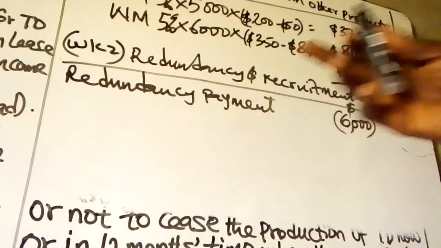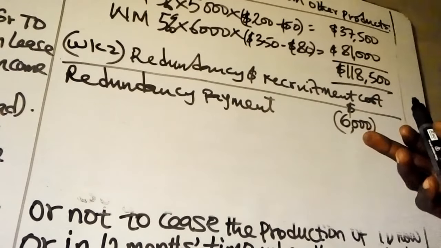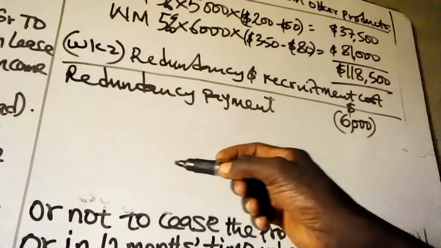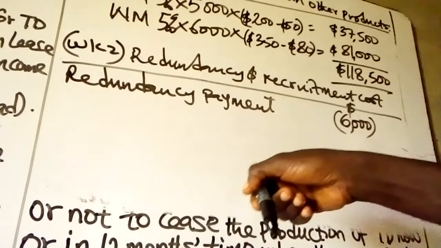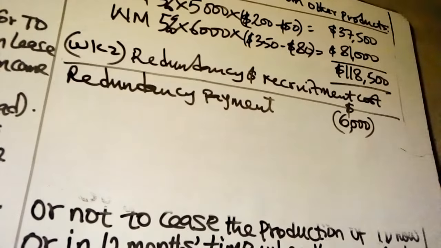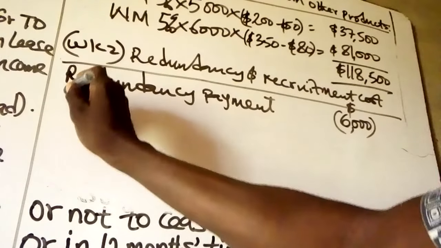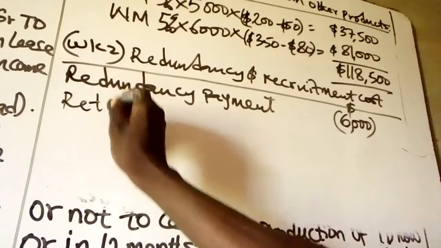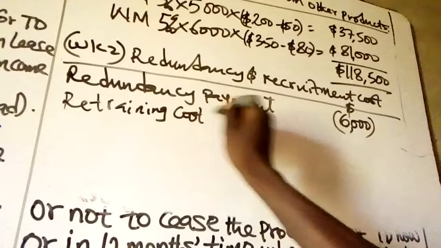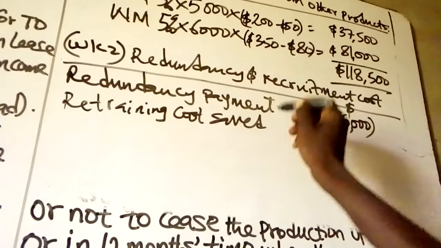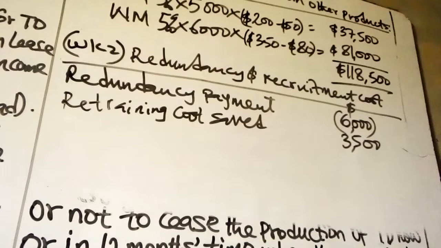That 3,500 cost of retraining will not be incurred. That means the cost will be saved. If you want to cease now, no need of retraining the workers to do the work again. So now, retraining cost saved, and that is 3,500. It is a saving cost, so we treat it as an inflow.